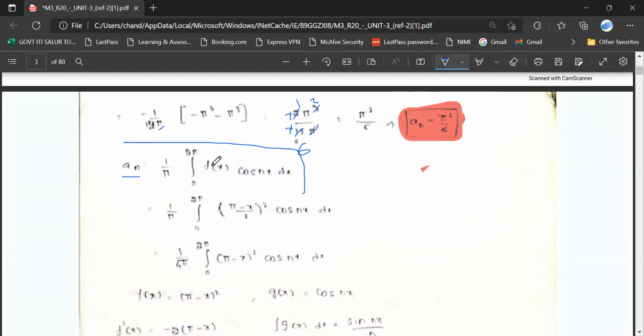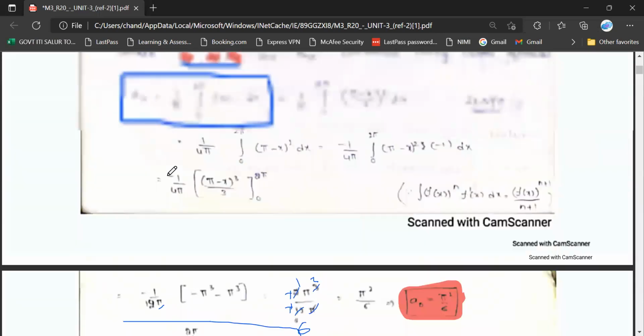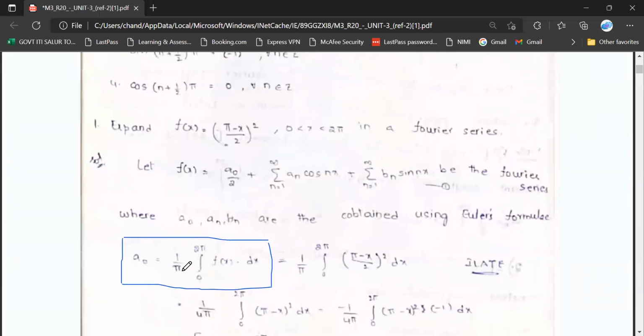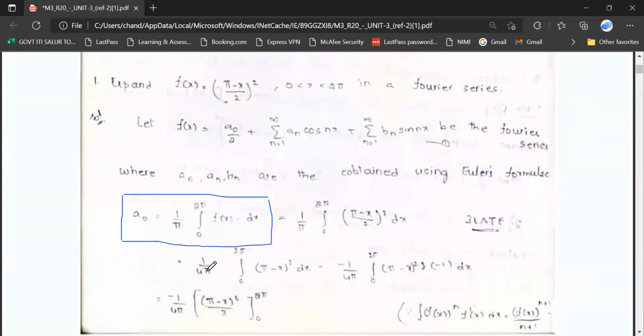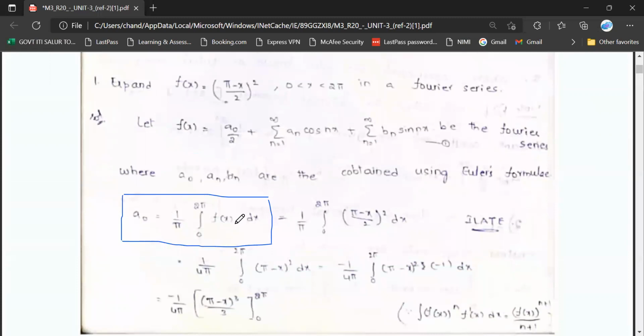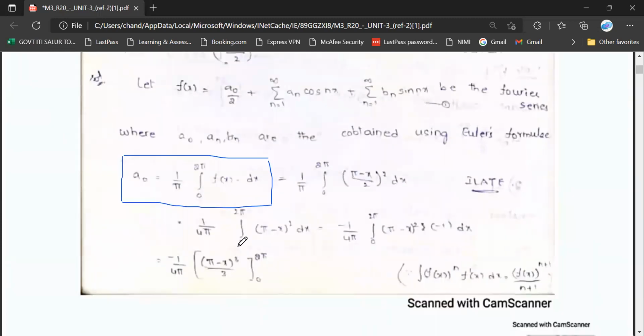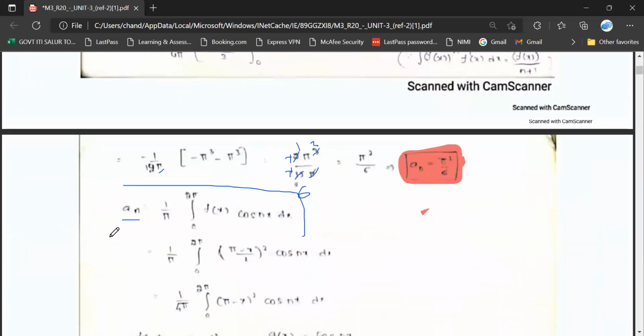In A naught we have 1 by 2 pi, and here we also have 2 pi, but we have f of x into cos nx here. We don't have the cos or sin terms in A naught. So we use the trigonometric term in this formula to obtain AN.